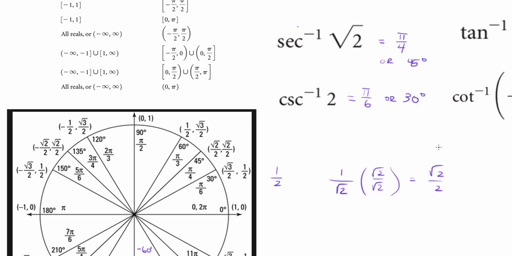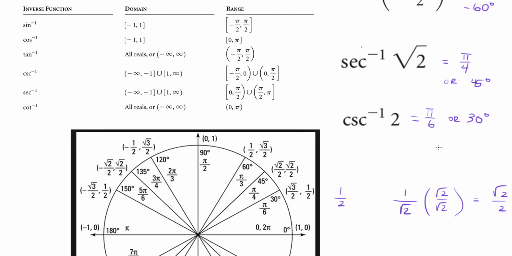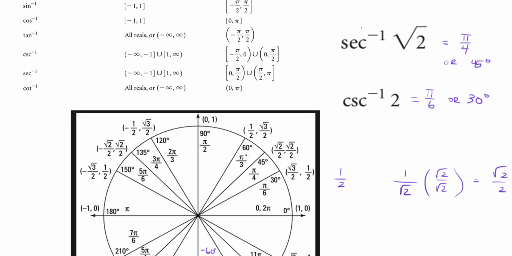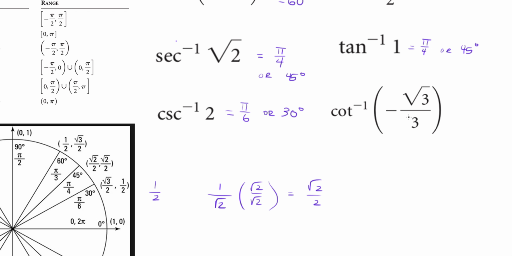Now, what's the range of cotangent inverse? The range is from 0 to pi, very similar to the range of cosine inverse. Okay, so from 0 to pi, you're only going to use the first and second quadrant. So where does that happen? Where do we have 1 over 2 divided by radical 3 over 2?